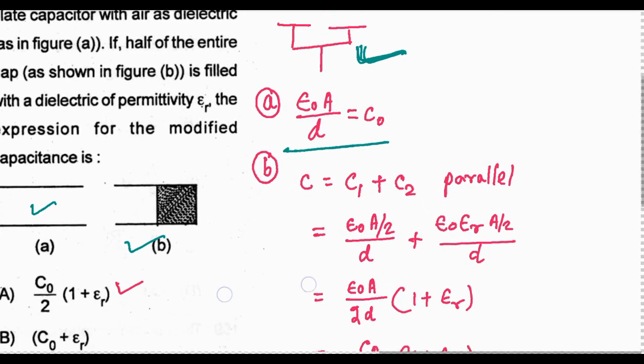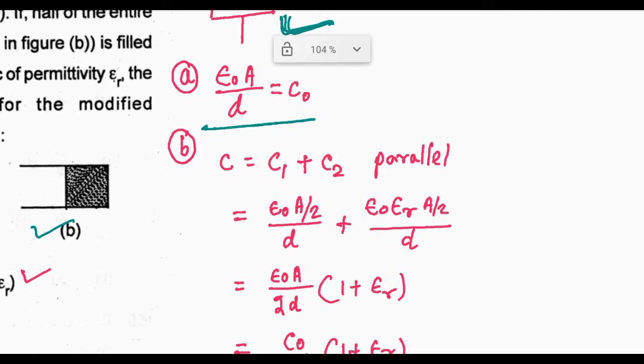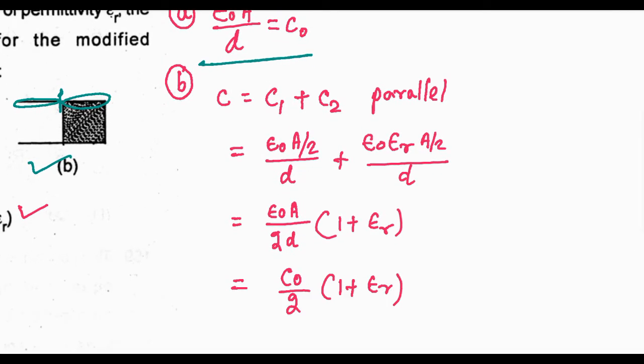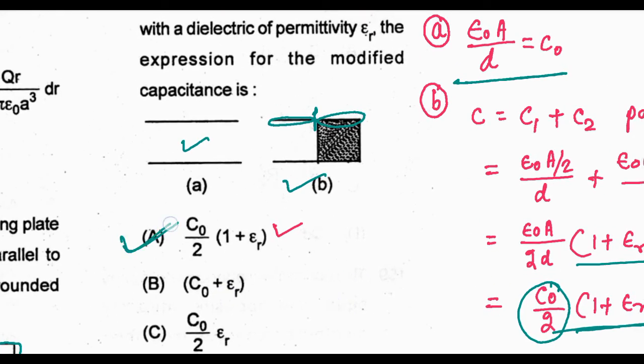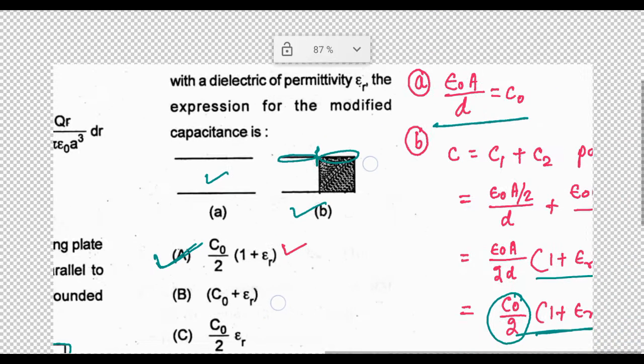Epsilon naught A by 2 by D plus epsilon naught epsilon r A by 2 by D, because the area is now half for each. If we take common epsilon naught A by 2D, this will be 1 plus epsilon r, so C0 by 2 into 1 plus epsilon r. So here the answer is A, C naught by 2 into 1 plus epsilon r.